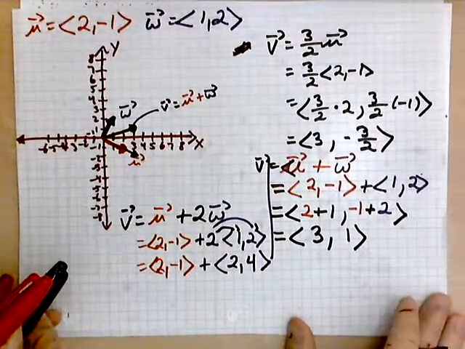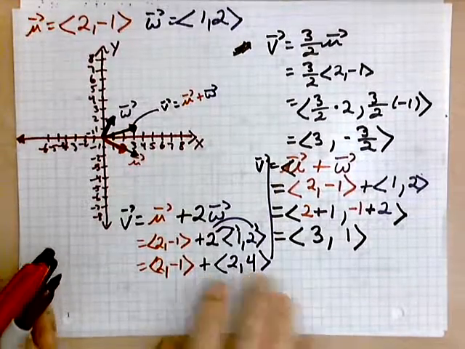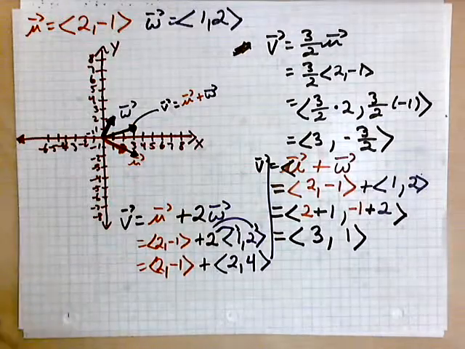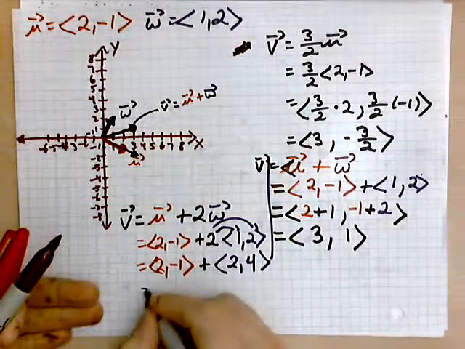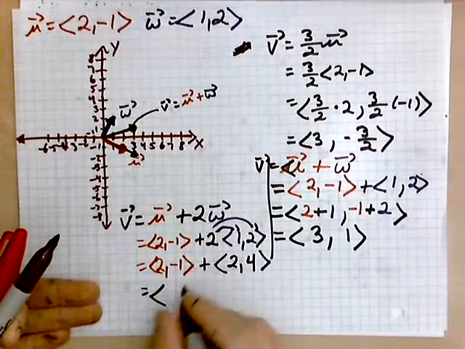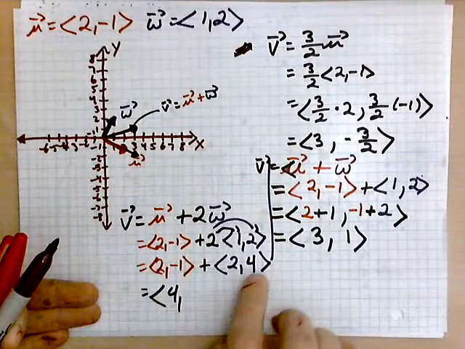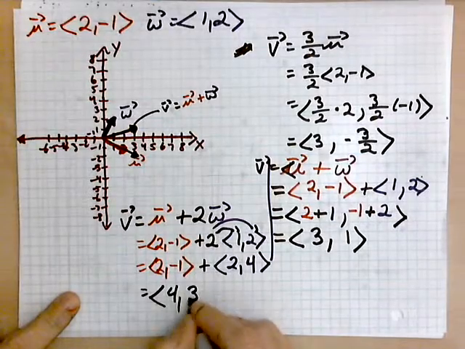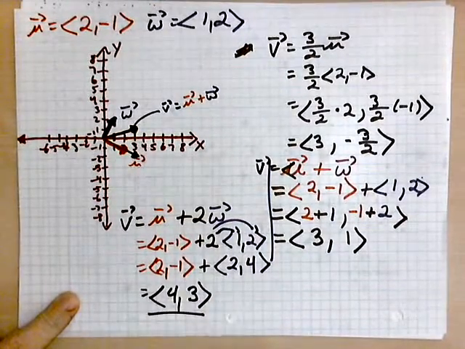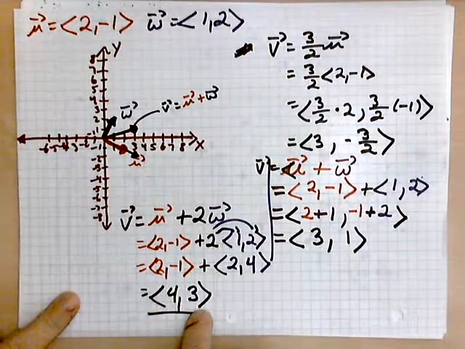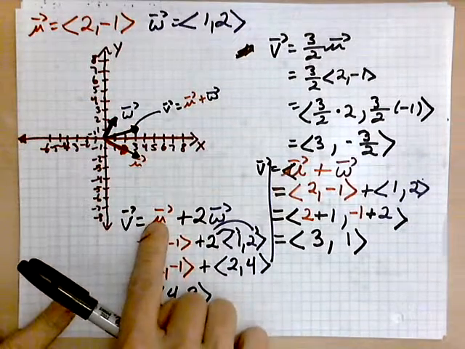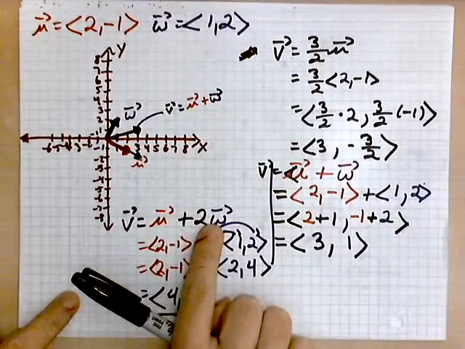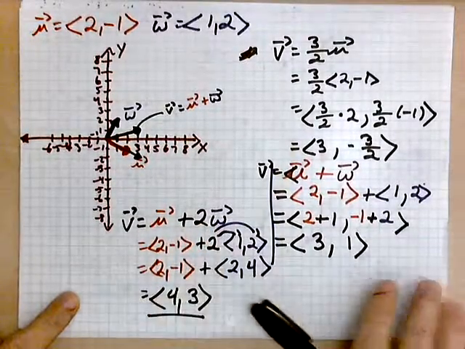At this point, this is just like the previous example: we combine the x components and the y components together, getting a new vector. 2 plus 2 is 4, and negative 1 plus 4 is positive 3. So this is the vector 4, 3, and it's the result of taking U and adding to it double W, so U plus 2 times W.